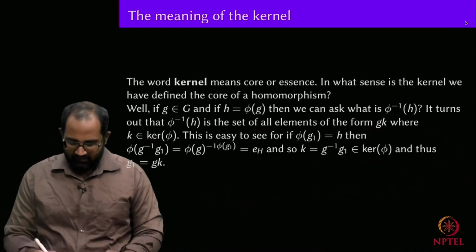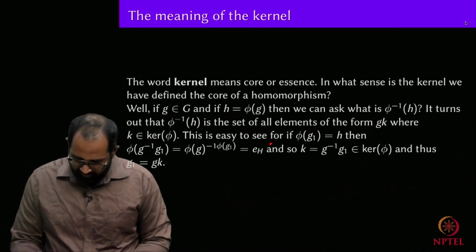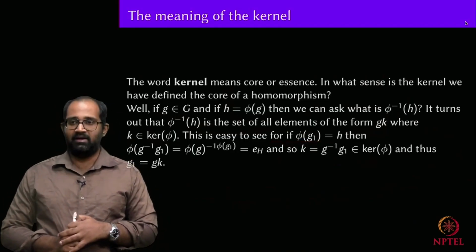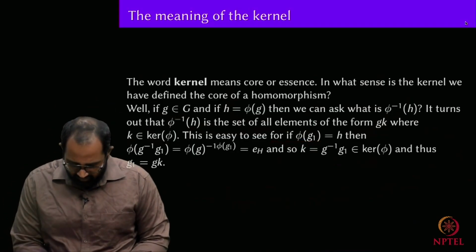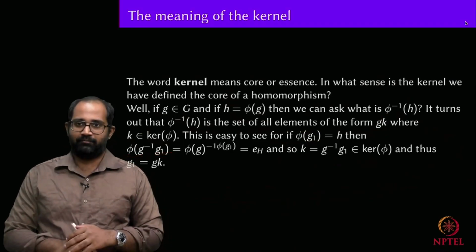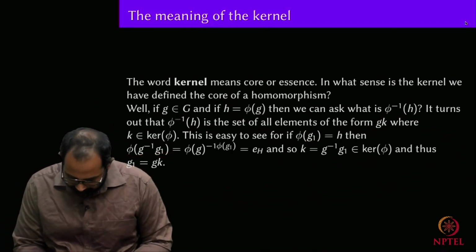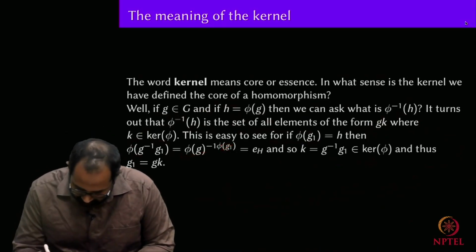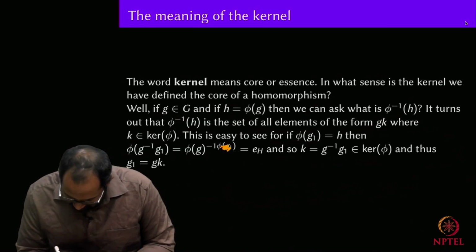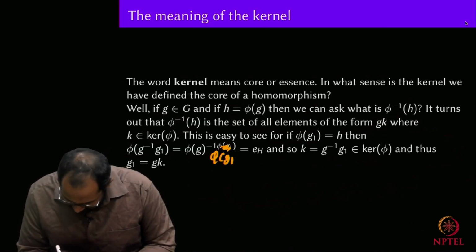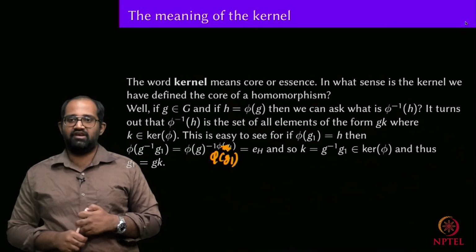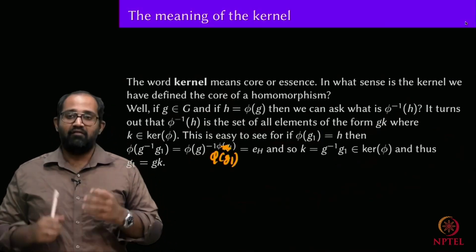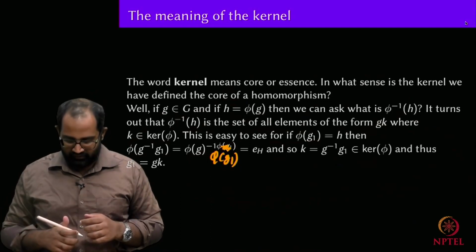Why is this? Well, suppose phi of g1 is h, take another element which gets mapped to the same element, then phi of g inverse g1 is phi of g inverse times phi of g1. This is just because of the group property. I have applied another property of the group, phi of g inverse is phi of g the whole inverse.